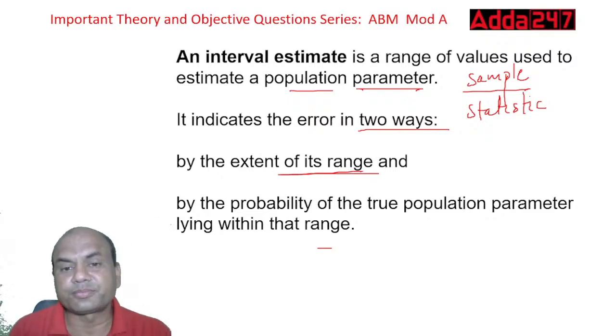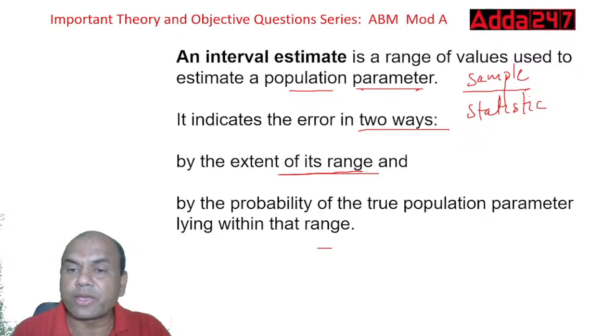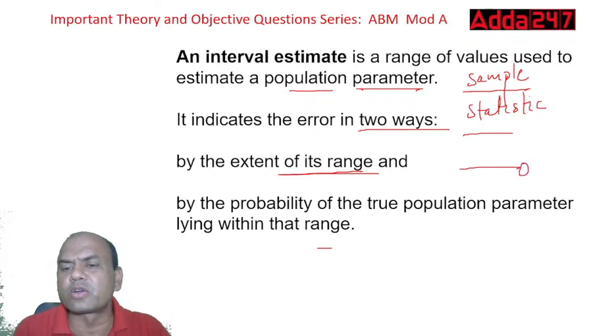So that's why there is the extent of its range and the probability of its true population parameter lying within that range. If I give you the range 0 to 500, definitely India will score between 0 to 500. But if I give you a range like India will score between 470 to 500, now this is an accurate range.